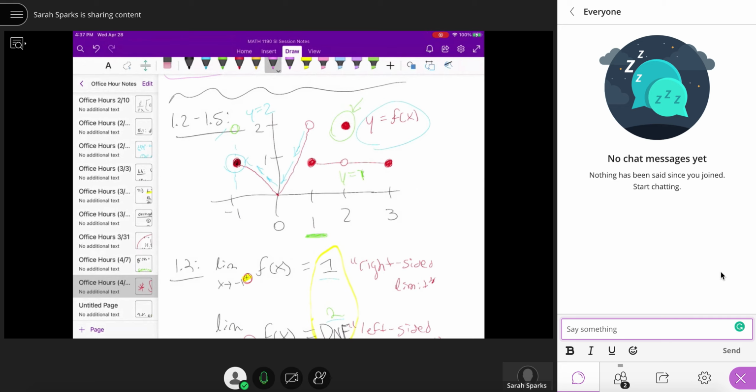If you need to draw a line right here to know that you're only looking at the right side, then that's totally fine. So we're just going to follow along the function from the right side. So we see it goes straight. It doesn't matter that that circle is open there because the function is still approaching this part at y equals 1.